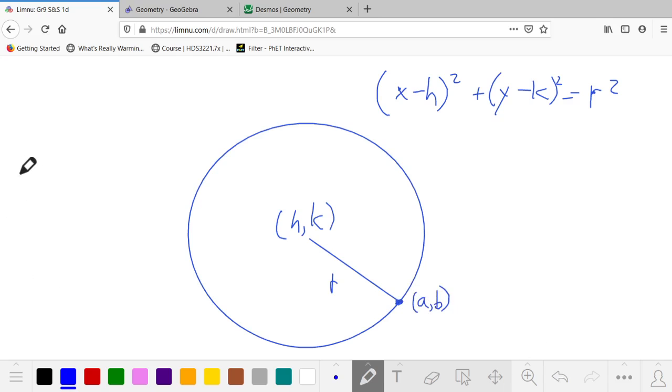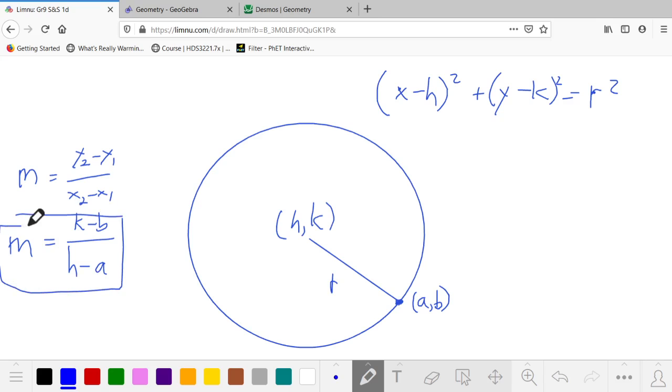In that case, the slope from the center to this point, which is y2 minus y1 over x2 minus x1, would be k minus b over h minus a. So that is the slope of the radius.